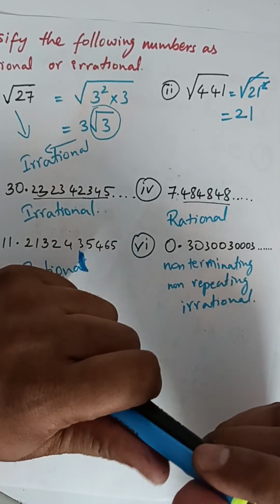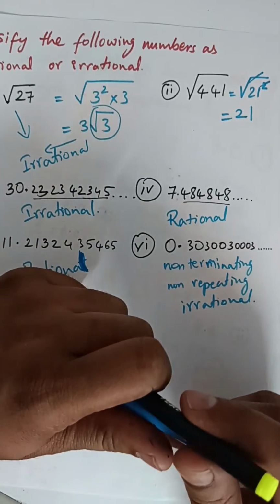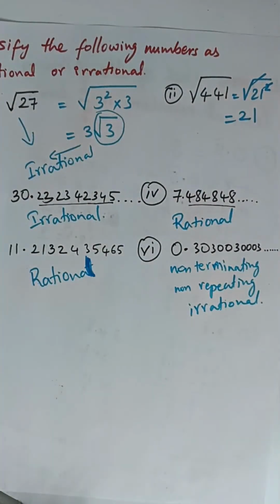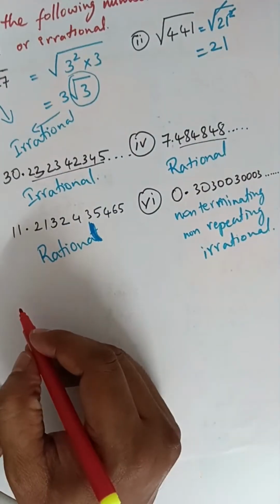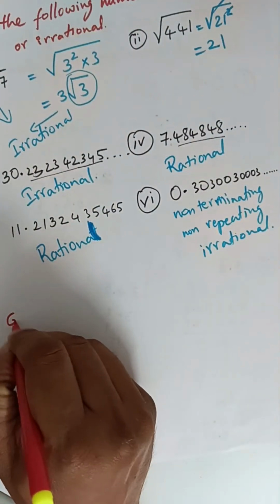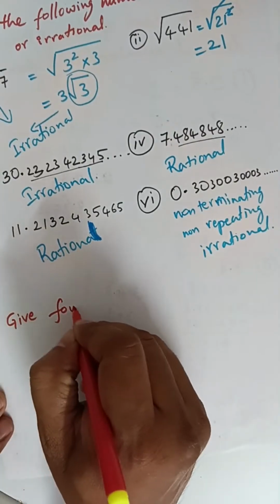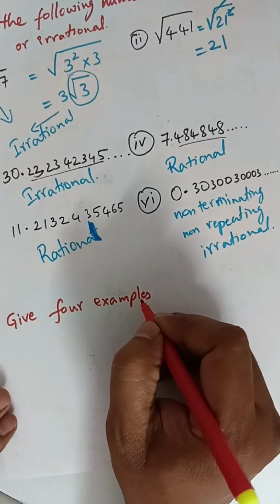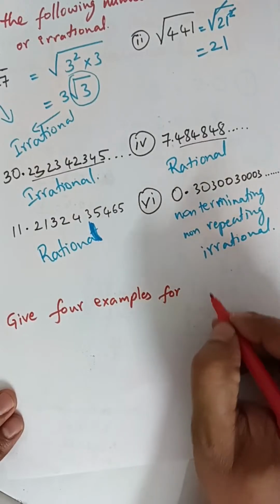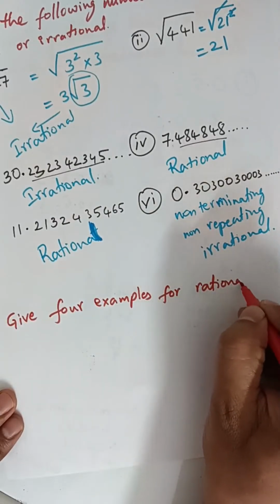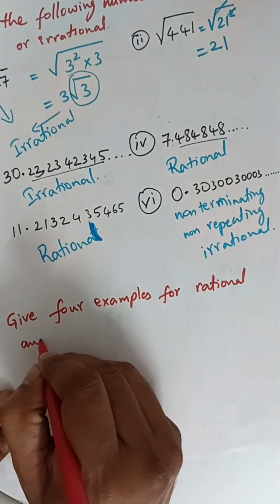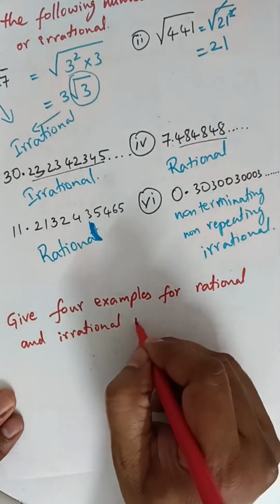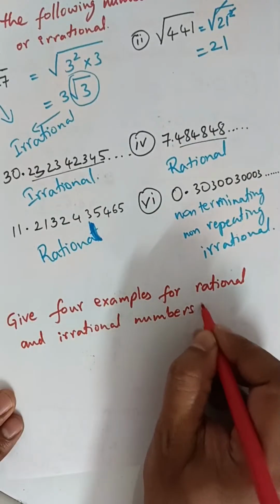Now before I end, I will give you one question so that you can have message, comment that give 4 examples for rational and irrational numbers.